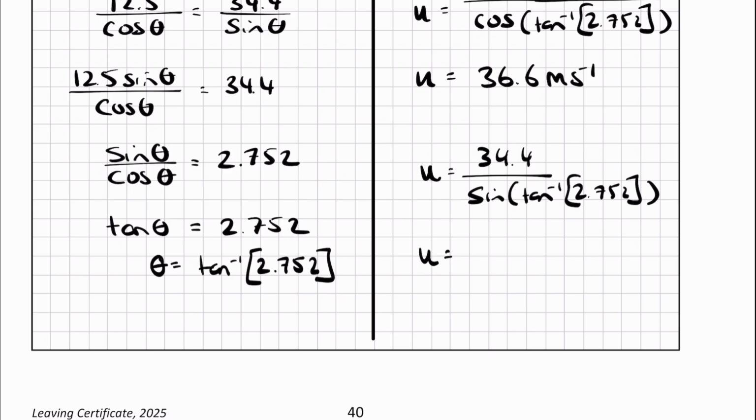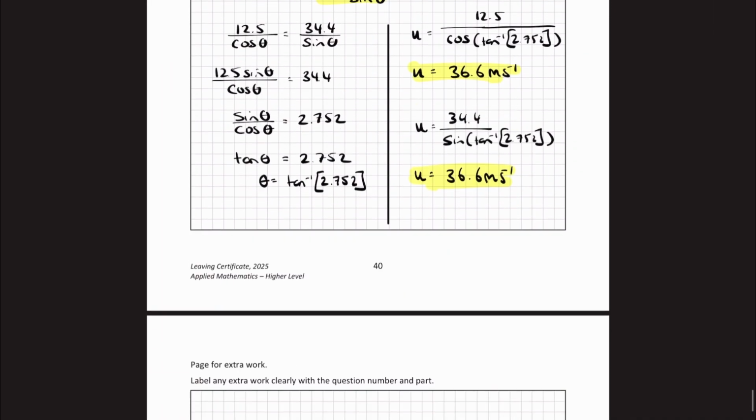Game over for me if I was writing it. This is going to be, delete that, sine of that, and on top it's 34.4. And you should find, if the math works out well for you, that you get the exact same answer. Happy day. And what a nice question to finish off the 2025 higher level exam.